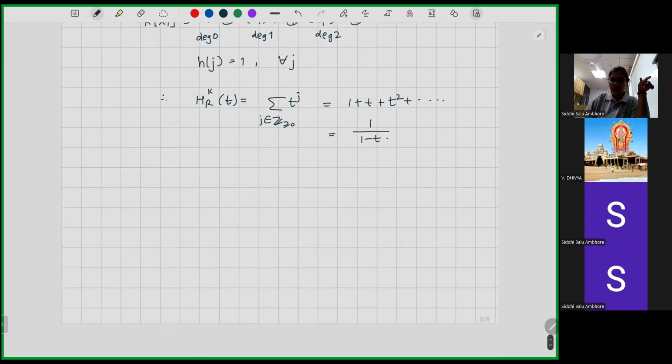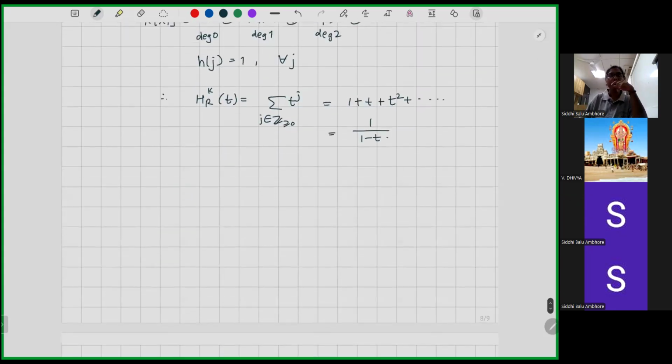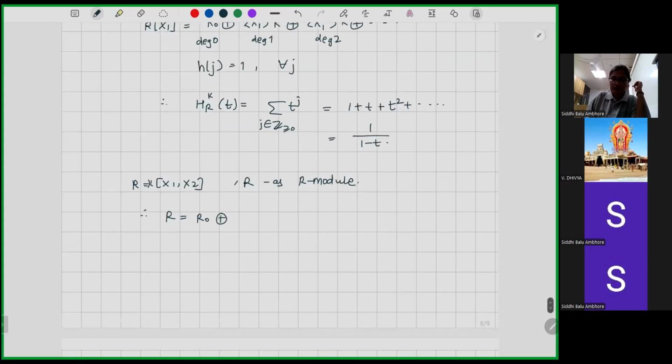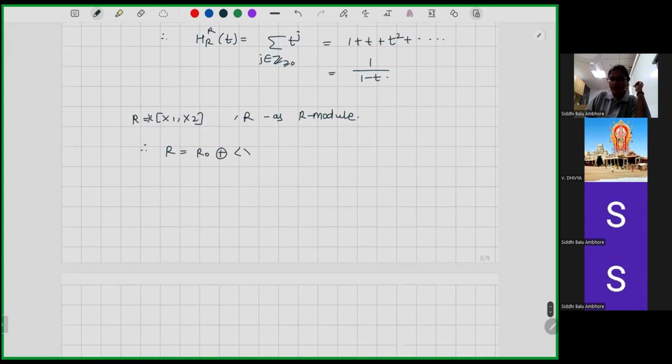Now in the case of two variables, if I take R to be k[x, y], then R is still a module over itself, but we check dimensions over the field.